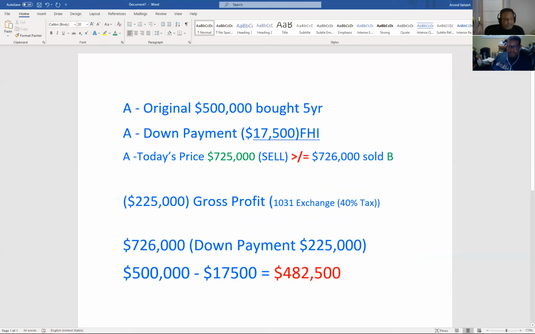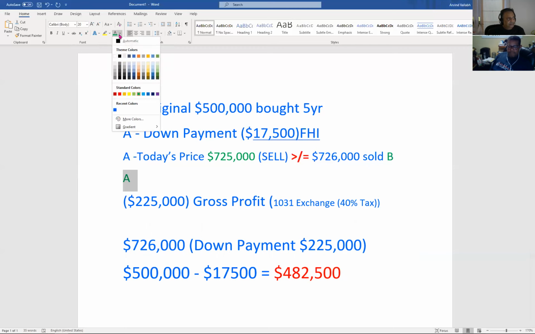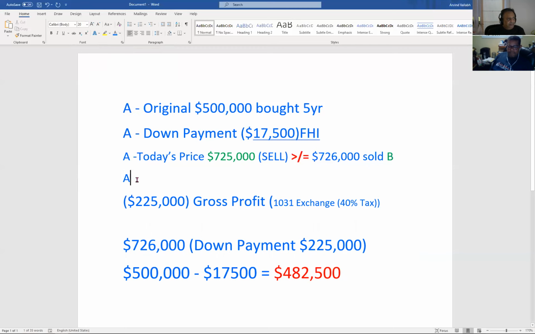So what happens here is, I'm going to change this again. A takes 725 minus this amount here, 482, because it's going to happen in escrow.